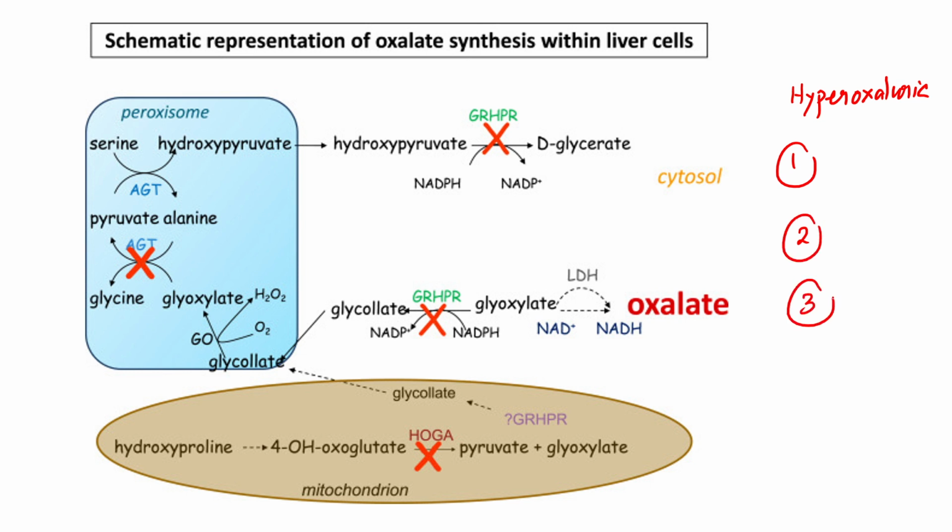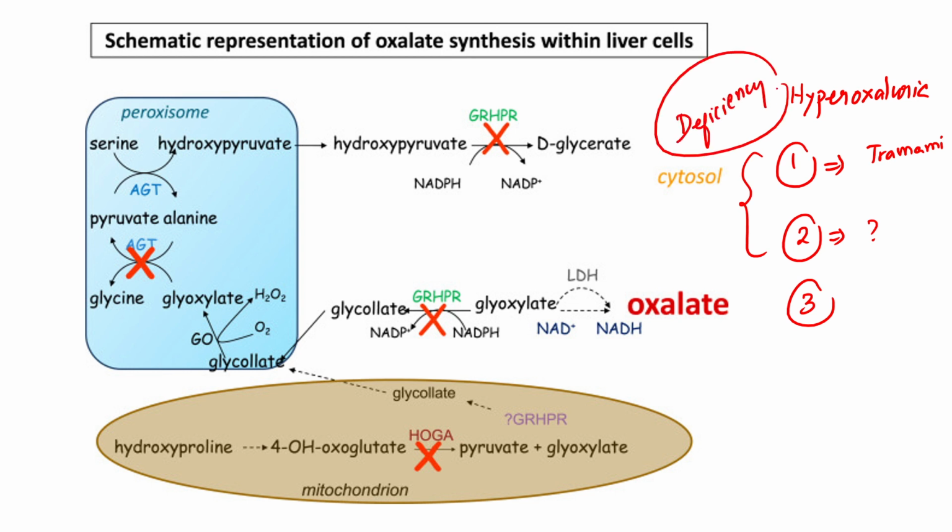At that point of time, you have to understand 1 and 2 are defects where a transaminase enzyme or another enzyme will both be involved in deficiency, while in case of 3, mutation happens in such a way that this enzyme will be hyperactive.